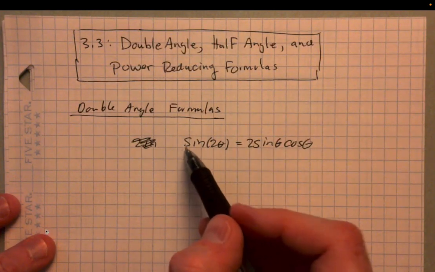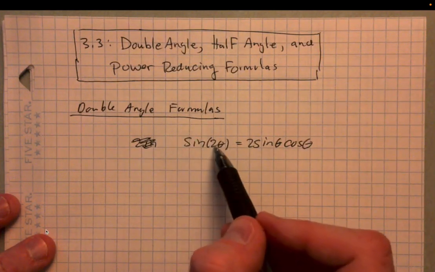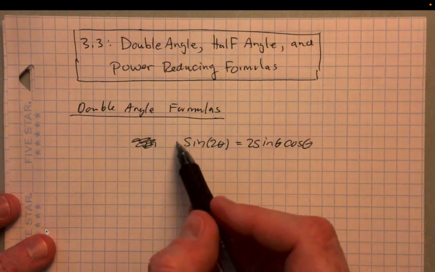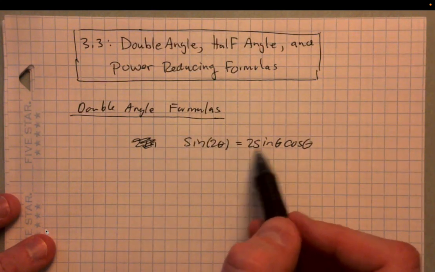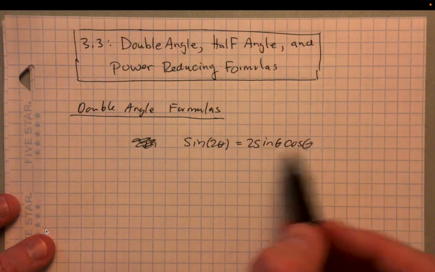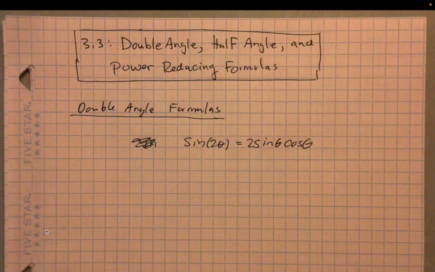If I want to know the value of sine of 2 theta, 2 times that angle theta, then I can calculate that value by calculating the sine of theta and cosine of theta, multiplying those two together, and multiplying by 2. So 2 sine theta cos theta is the same as sine of 2 theta. That's the first double angle formula.